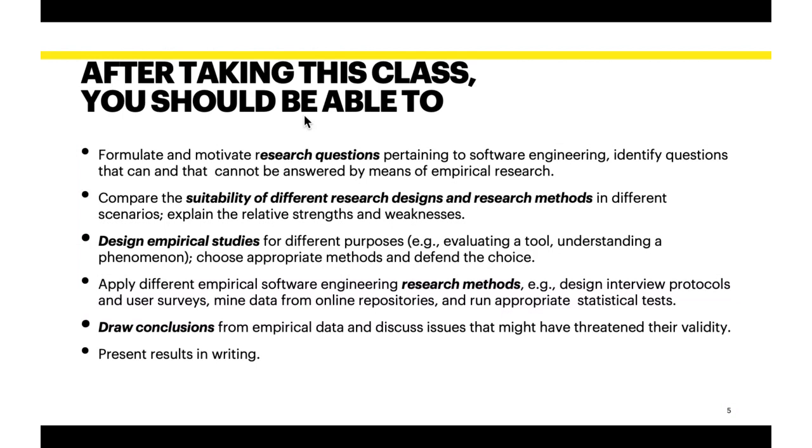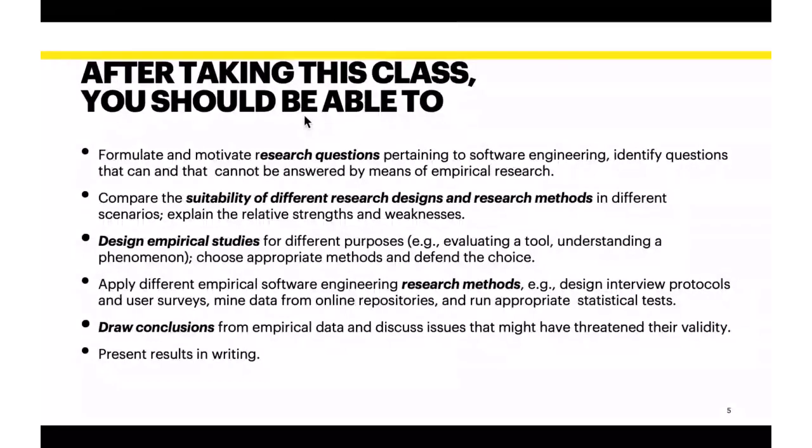The next step would be to design an empirical study. So in a way, it is not enough for you to say, okay, I would like to conduct a judgment study, or I would like to conduct a field experiment. You also need to understand what kind of research methods are useful for those strategies and how to organize your actual study.